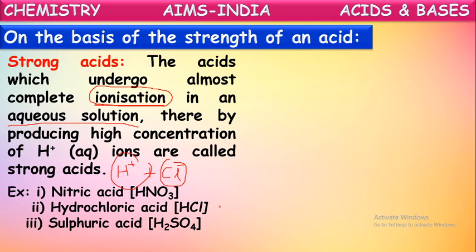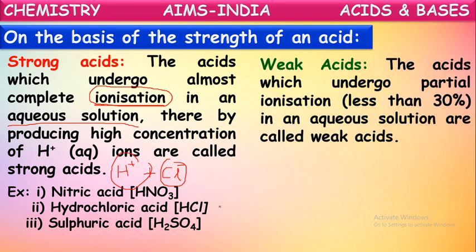One more category of acids is weak acids. We said strong acids means the acids which ionize completely. Opposite to that, the acids which undergo partial ionization, meaning a very small number of acid molecules are ionized and most of the acid molecules remain as molecules, are called weak acids.